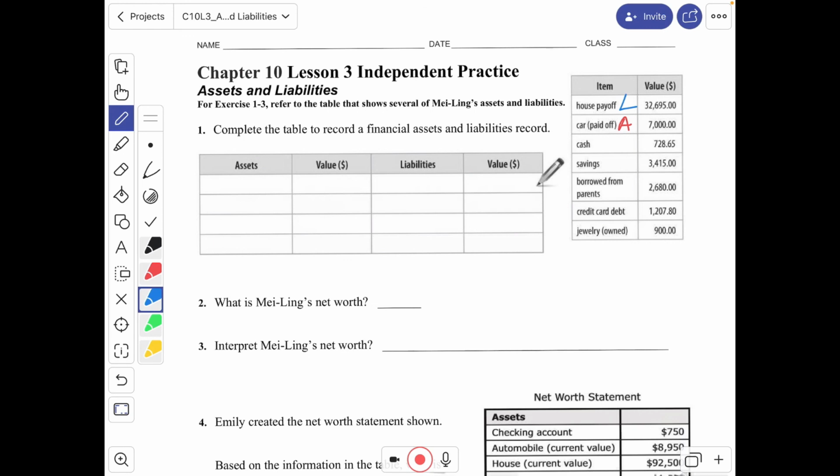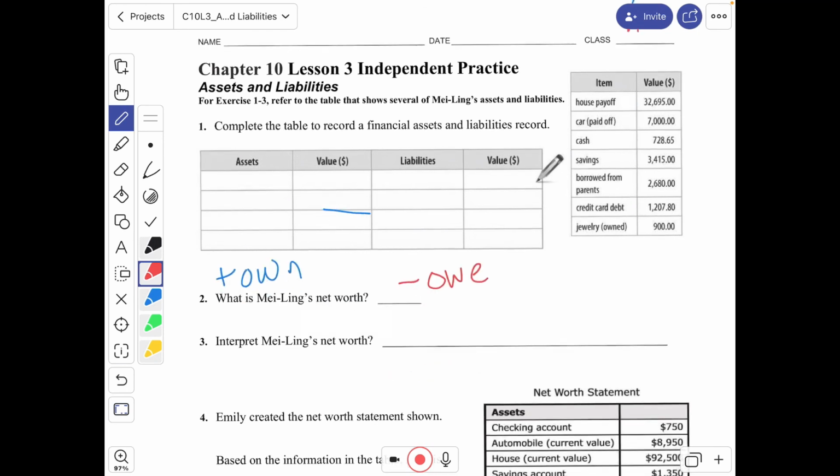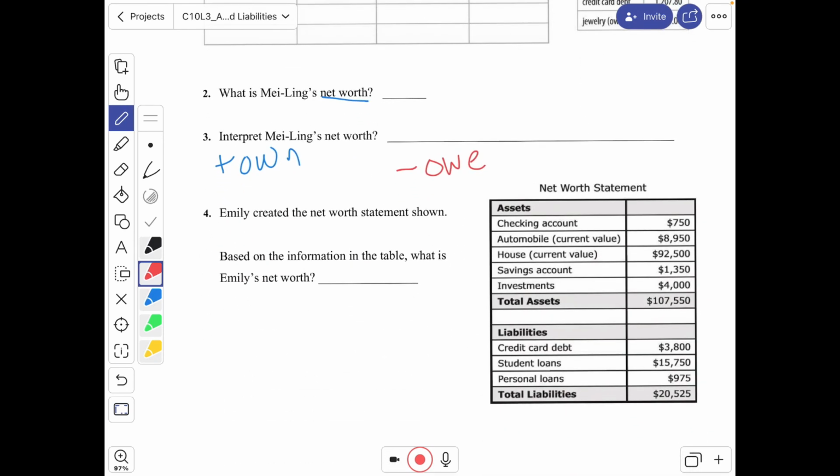And you'll need to find the total amount so that you can find the net worth. If this is positive, then she owns more. If it's negative, she owes more. And then we have one where they give you the total amount, and you just have to find the net worth.